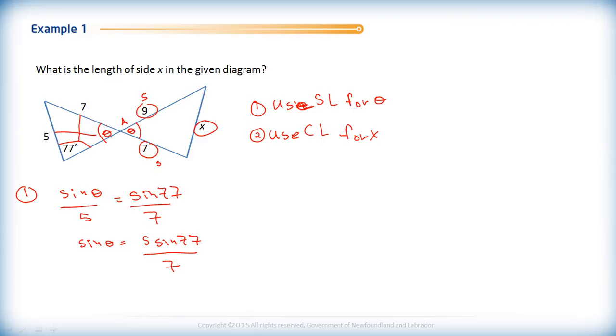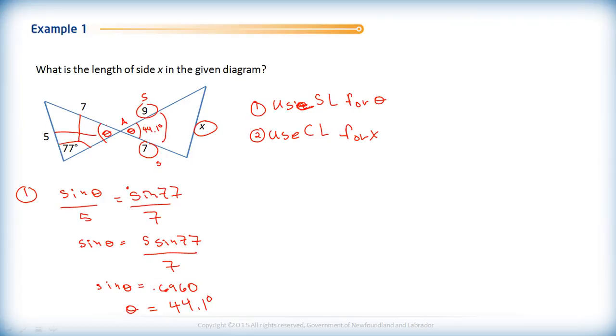So sine theta equals 0.6960. So theta then will be the inverse sine of that, and we've got 44.1 degrees. Okay, so we know what theta is. So this angle right here then also has to be 44.1 degrees.